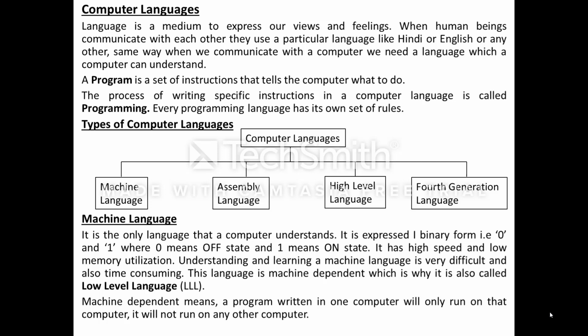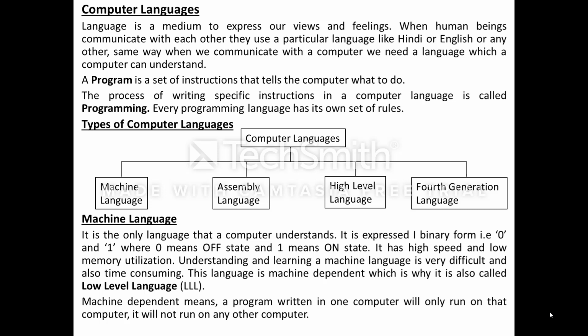Now, supposing I'll give you one example of how we can communicate with a computer. Supposing I understand English, and you all understand some other language, supposing Hindi. Now, if I say something in English, you will not be able to understand. And when you say something in Hindi, I will not be able to understand, right?